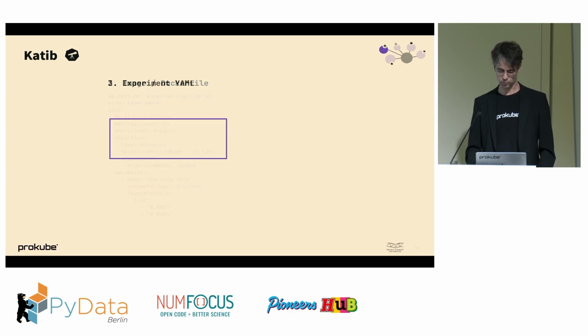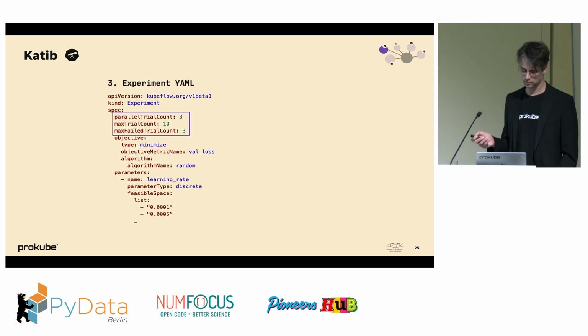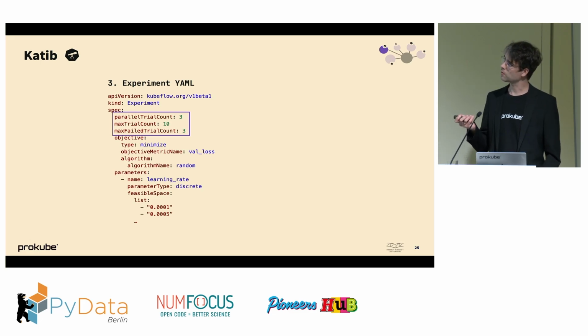Third thing I mentioned was this experiment YAML. And so here we see for the first time now, I believe, a YAML file and a Kubernetes manifest to be specific. And what you see here at the top, if you've never seen that, it shows us which API we use. So this is a Kubeflow experiment. That is what it says in the line below.